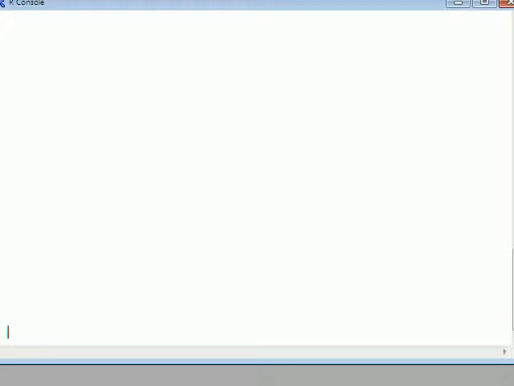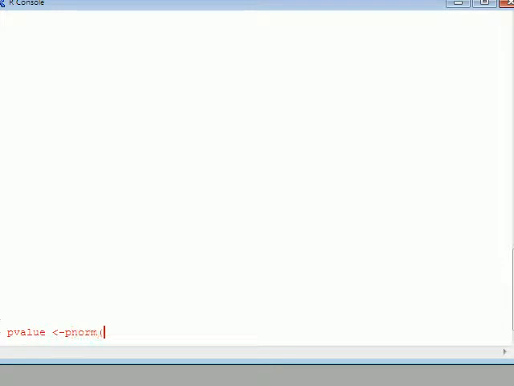So here I am in R, and I'm going to find a p-value. We're assuming a normal distribution, but we already have the z-value, and the z-value is 0.707.